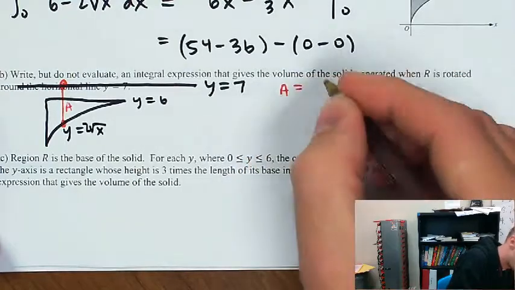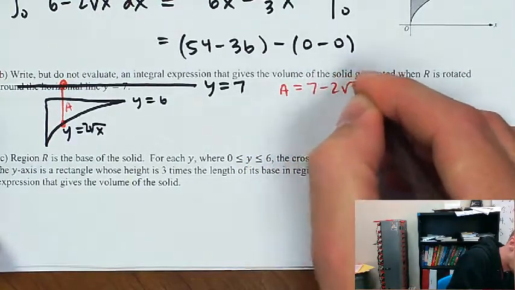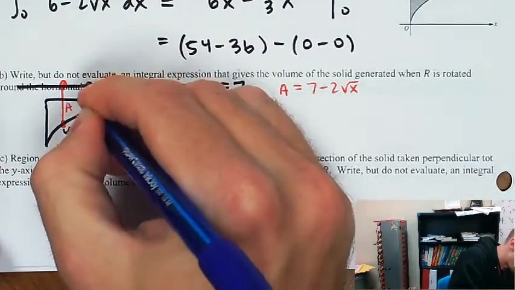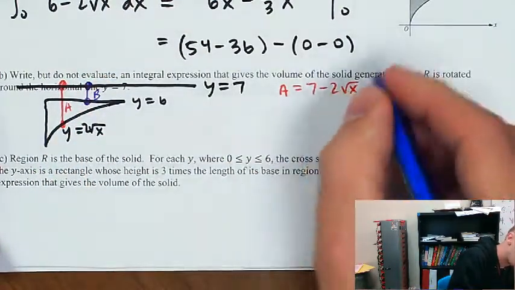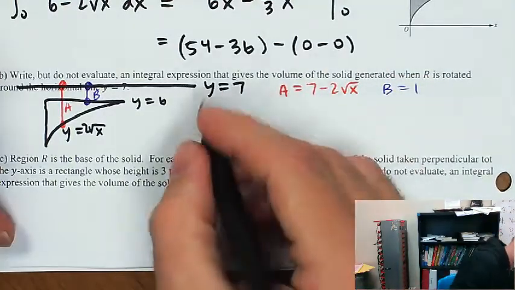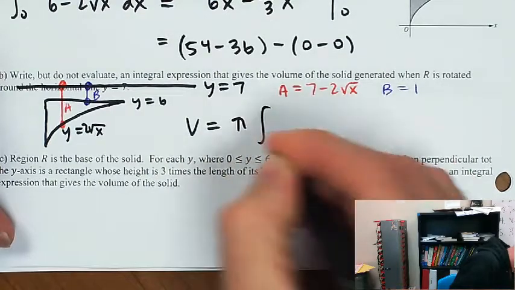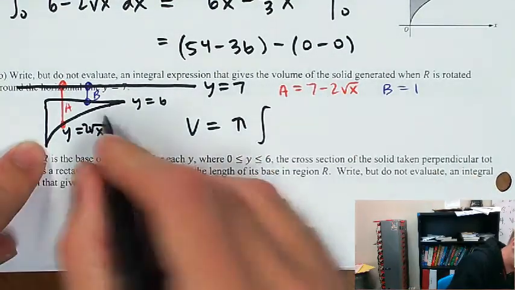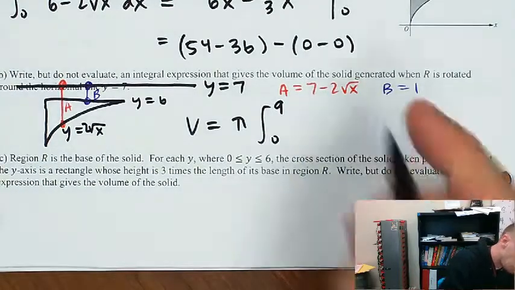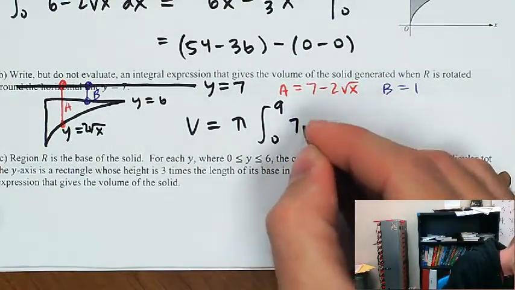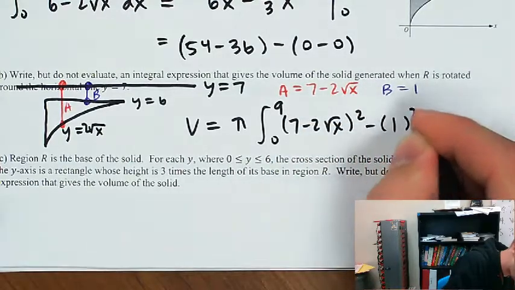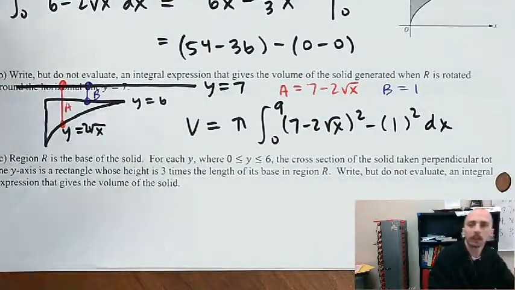Large radius is going to be top minus bottom, 7 minus 2 root x. Small radius is this top minus bottom, 7 minus 6. Okay, so my volume is going to be pi times the integral as x runs from 0 to 9 of a squared minus b squared dx.